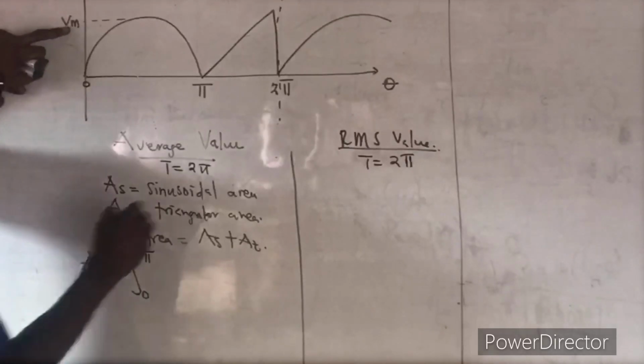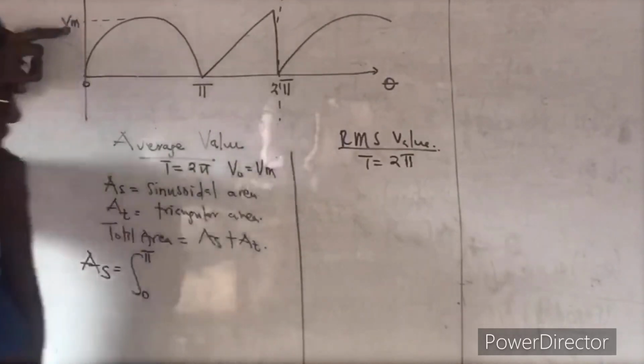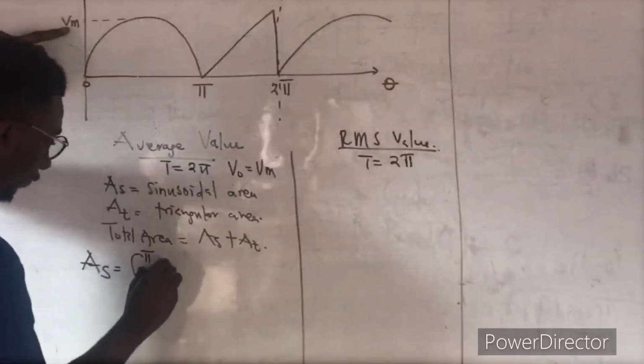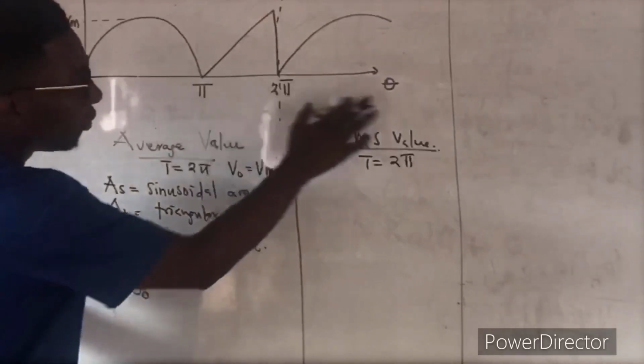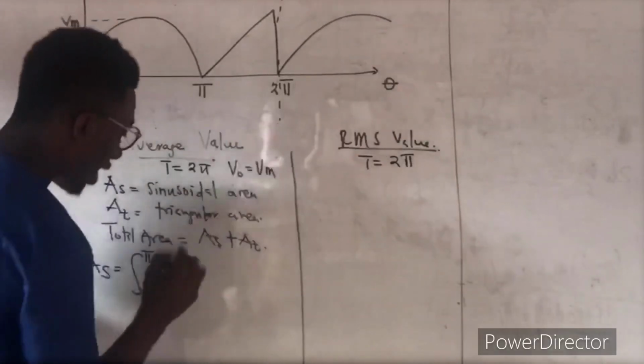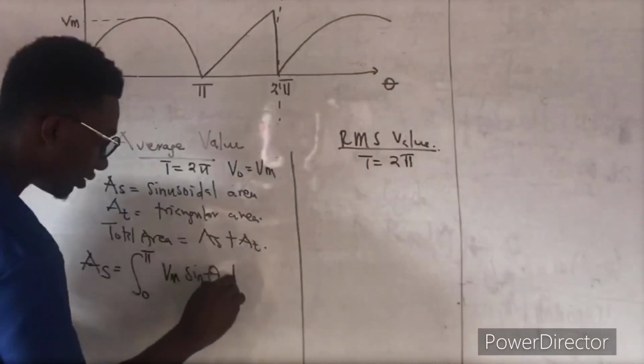So what is the peak value here? It is Vm. So it's Vm sine of omega t. So the omega t is this quantity, that is theta, so sine theta d theta.